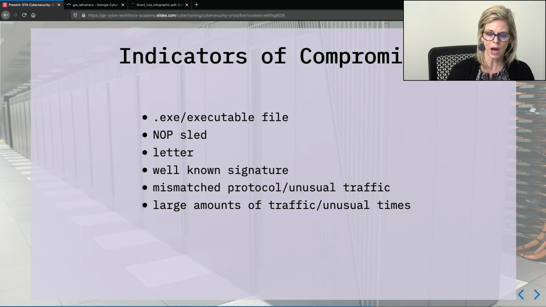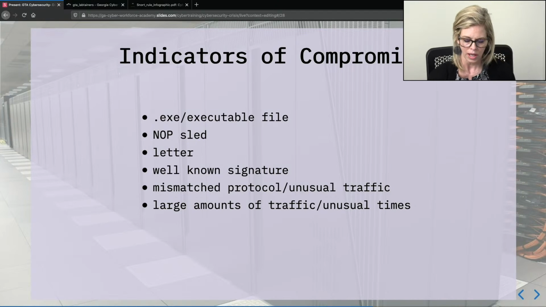So when we're talking about a mismatch protocol, it requires you to know the well-known ports. Say for instance, SSH is 22, Telnet is 23, SMTP is 25, HTTP is port 80, POP3 is 110, and all the different well-known ports.